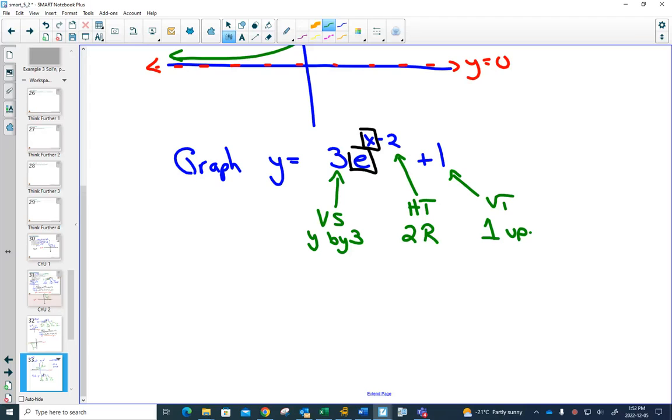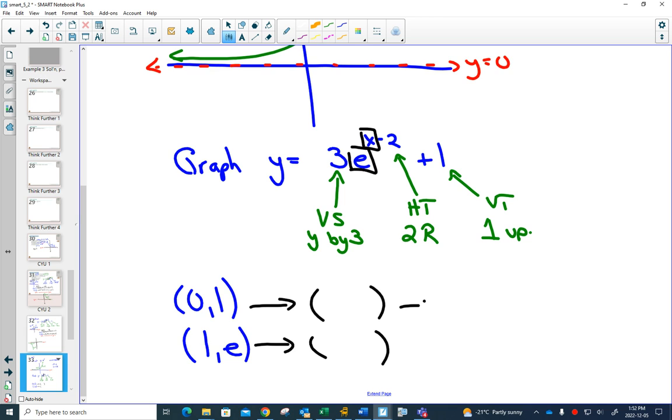So just like all of our other examples, you could take your original points, which were 0, 1, and 1, e. Do our stretches and compressions first.